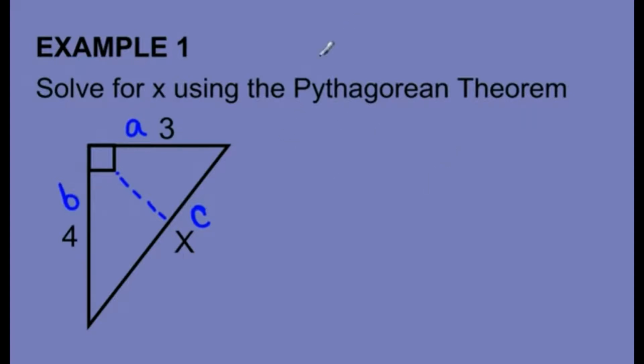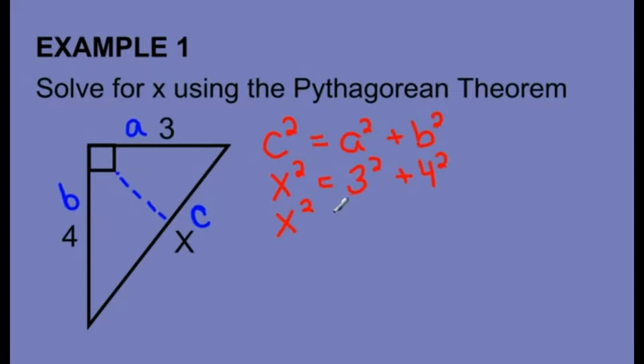Remember, the formula for the Pythagorean theorem is c squared equals a squared plus b squared. I'm going to sub in the values that I know. Well, c is just our x, that's what we're looking for. a is 3. My b value is 4, so that's 4 squared.